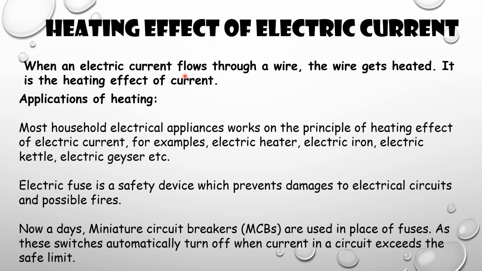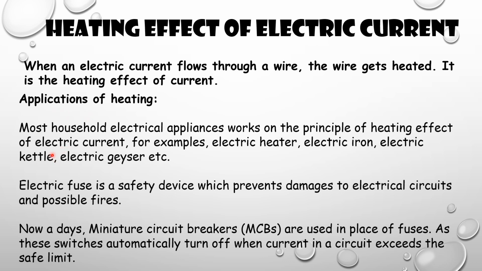When an electric current flows through a wire, the wire gets heated. It is the heating effect of current. Okay, when a current passes through a wire, at that time heat is produced in that wire. So that is called the heating effect of electric current, and it has many applications in our day-to-day life.